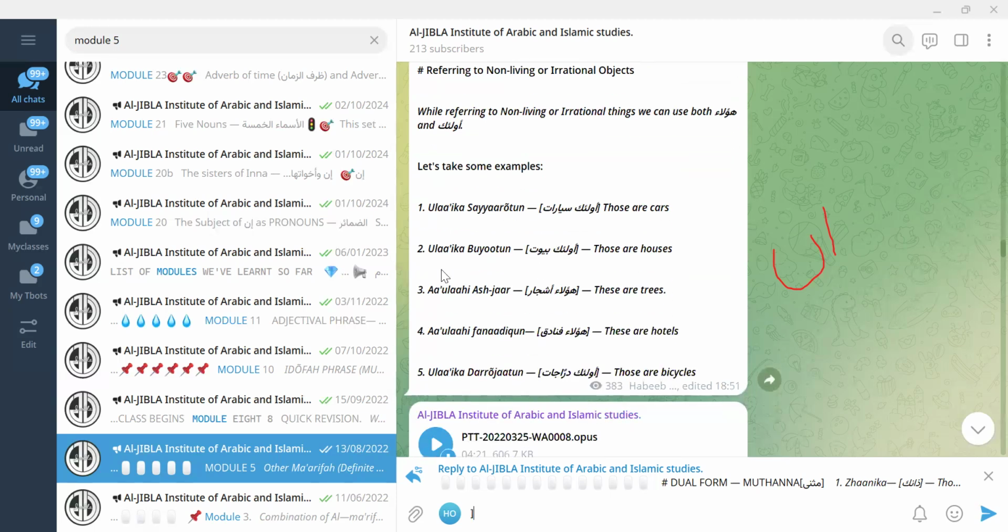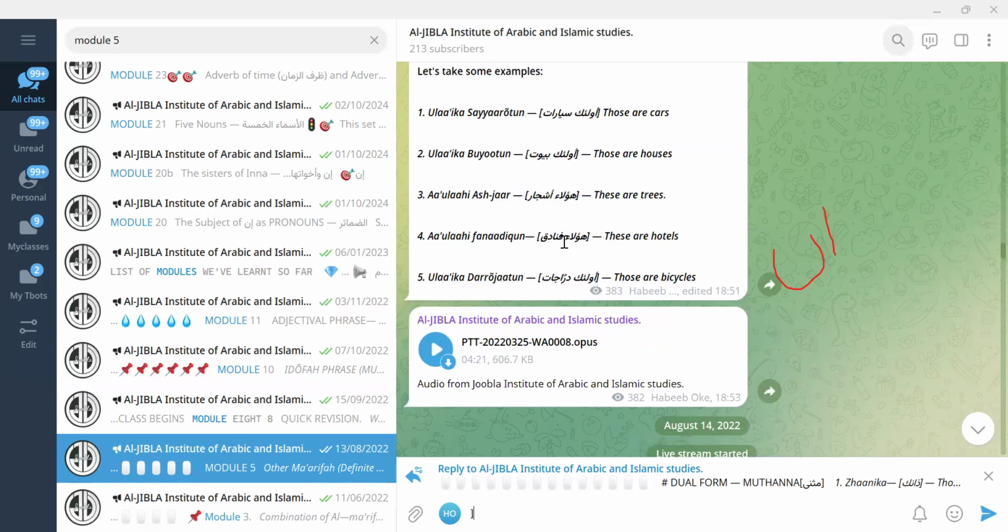So let's take for example, ulaika sayyarat, those are cars. Ulaika buyut, those are houses. Ha'ula ashjar, those are trees. Ha'ula fanadiq, those are hotels. Ulaika darrajat, those are bicycles.